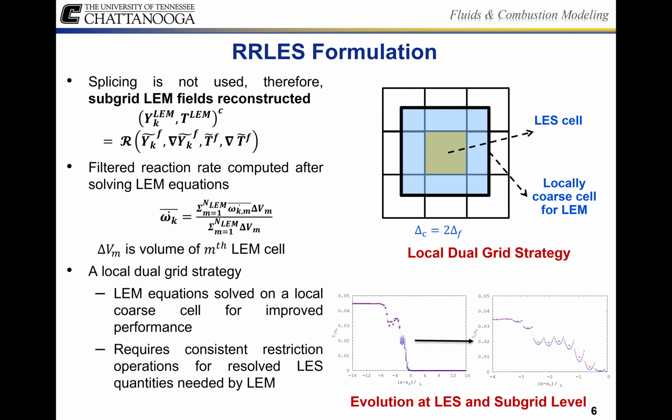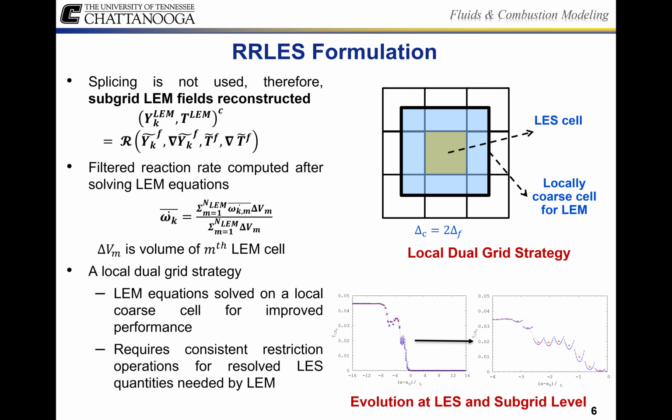The filtered reaction rate within the 1D LEM is computed using that second equation there, where delta V sub n is the volume of the nth cell. Since the 1D LEM equations are solved at the subgrid level, the effects of the subgrid molecular diffusion and turbulent stirring, as in step 1 of LEMLES, are implicitly included here.